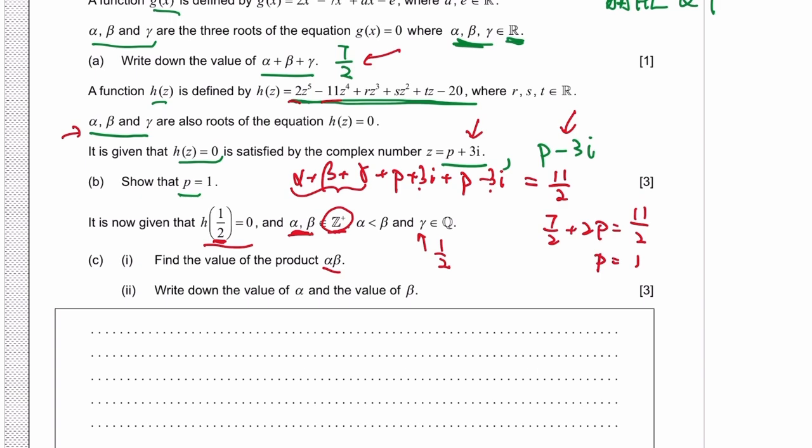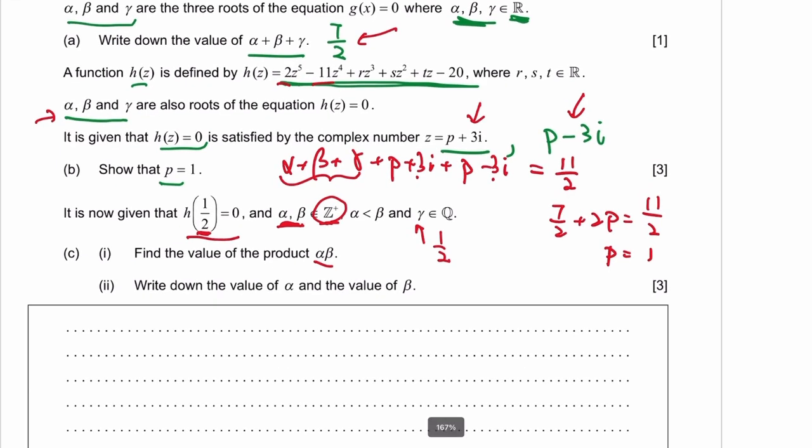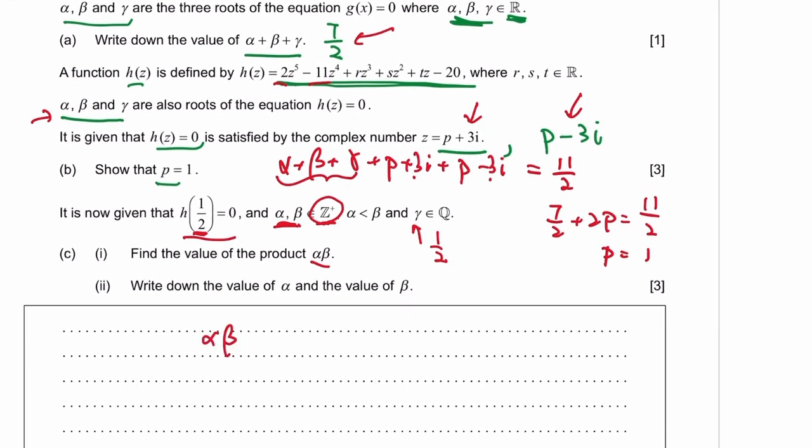Find the product. So it's quite obvious we should use the product of roots. So the product of roots, alpha, beta, gamma, and p was 1, so it's 1 plus 3i and 1 minus 3i. That's the product of roots. The product of roots is the last coefficient over a, so it's negative 20 over a. Except the signs alternate.